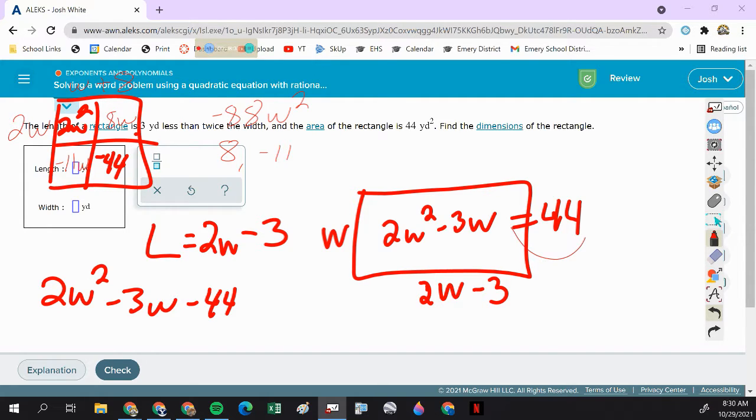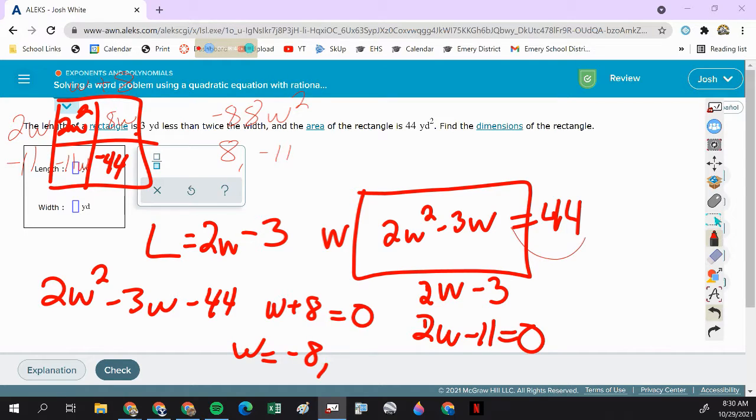And then I take out a W, and I get 2W minus 11. So W plus 8 equals 0, and 2W minus 11 equals 0. So my roots are -8 and 11 halves.